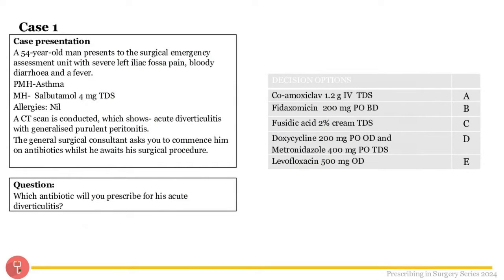Okay, let me just go backwards and then forwards, and it should say case 2. Okay, so far, 40% of people going for option A, lactulose, 40% going for option B, macrogol, and 20% going for senna.